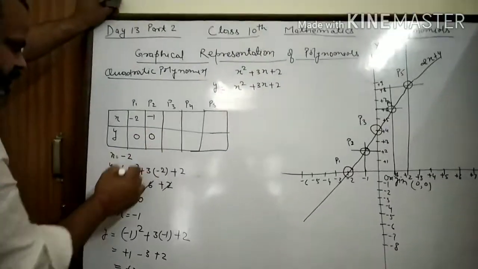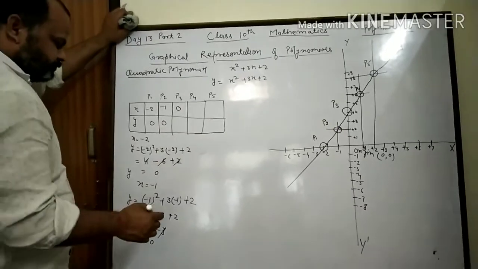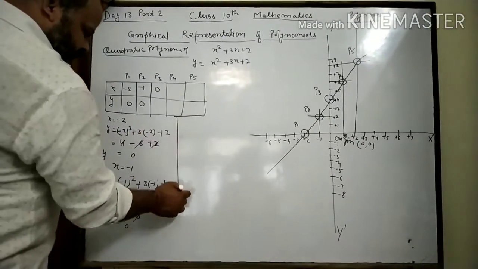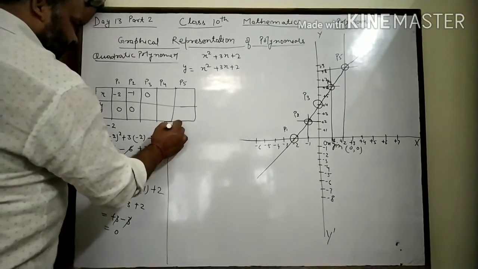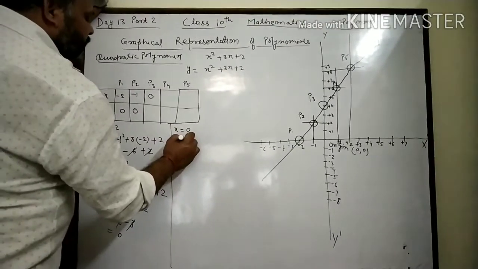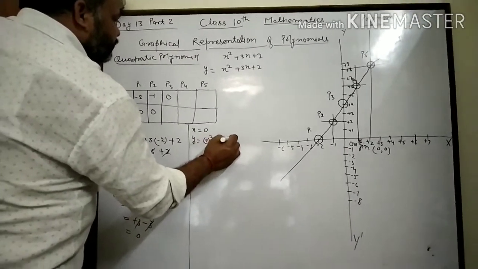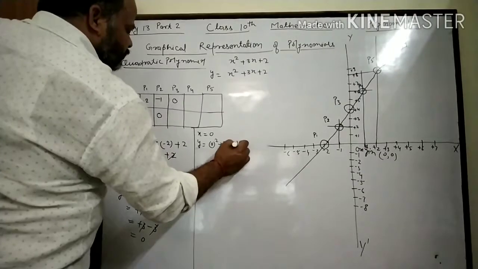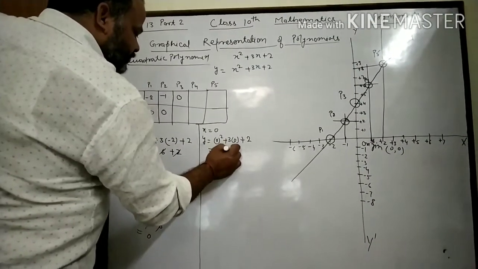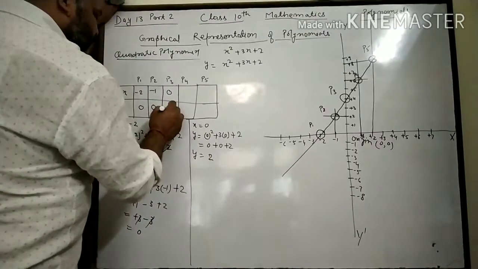It is also 0. Then we put x is equal to 0, then y is equal to 0 square plus 3 into 0 plus 2. 0 plus 0 plus 2, then y is equal to 2.